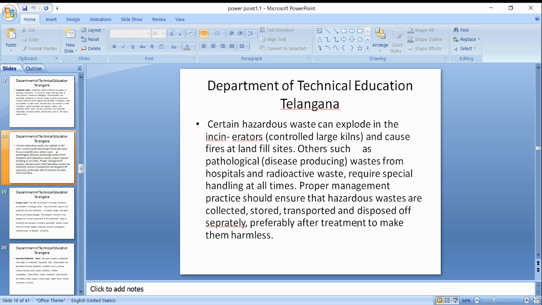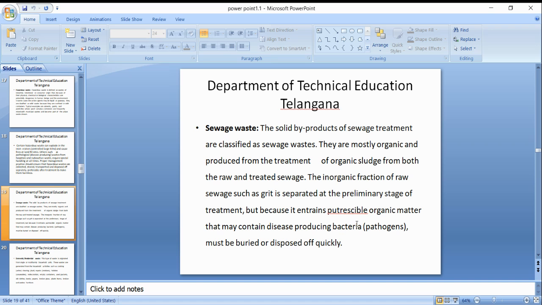Pathological waste from hospitals and radioactive waste should also be handled carefully at all times. Proper management is needed: collected, stored, transported, and disposed of separately, in separate containers. These harmful, toxic things are the hazards.